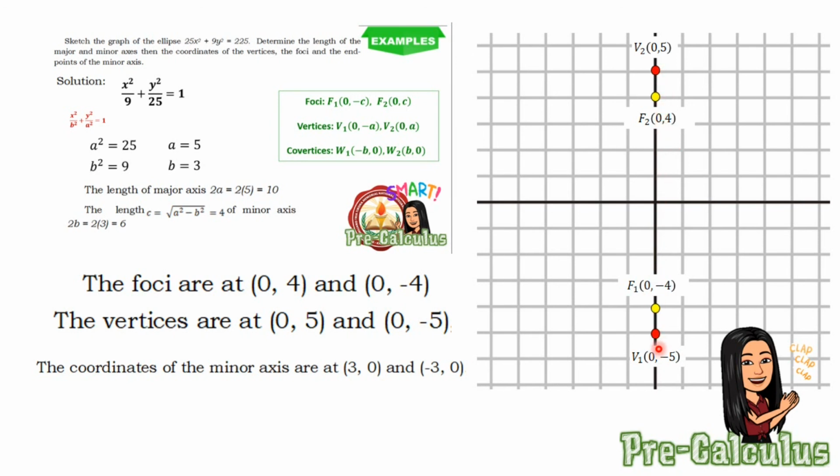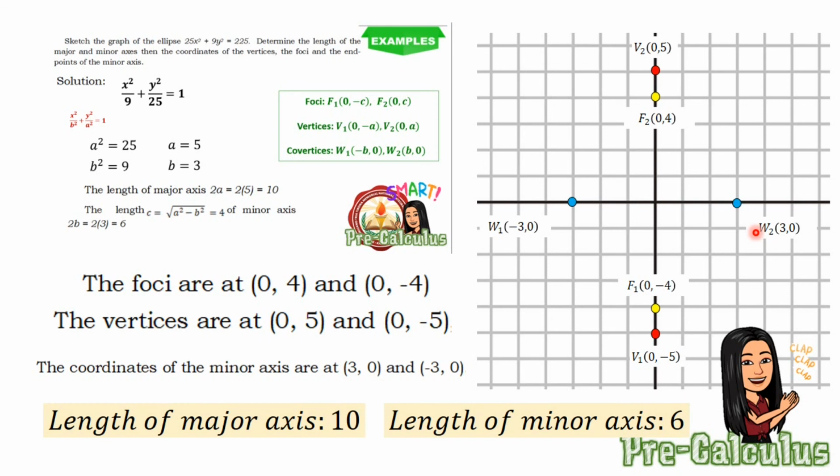Siyempre, lagi magkasama si vertex at si focus. And our co-vertex or co-vertices are in -3, 0 and +3, 0, which is 3 units to the left and to the right of the center. Ayan ang ating co-vertices. And if we are to draw our ellipse, it looks like this.